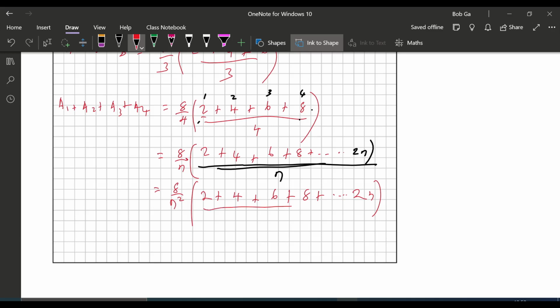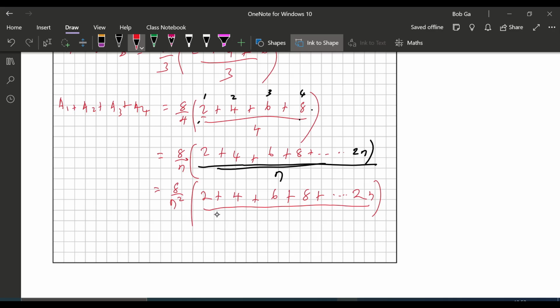This forms an arithmetic sequence with a common difference of 2. The next term differs from the previous term by a value of 2. As you can see, 4 minus 2 is 2, 6 minus 4 is 2, 8 minus 6 is 2, and so on. So it's an arithmetic sequence.